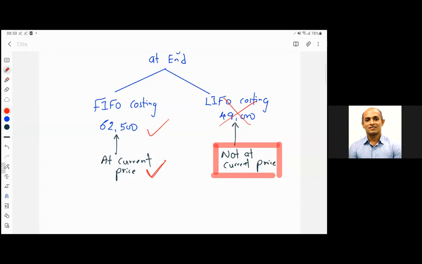So whether it follows the FIFO or LIFO method, price level changes have no material effect on financial statements. So you have to see the nature of the business.